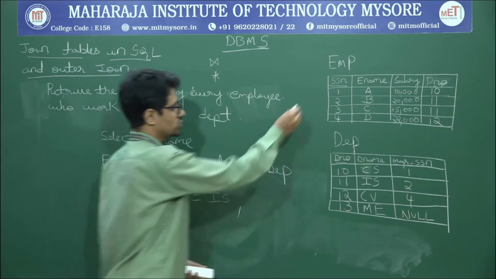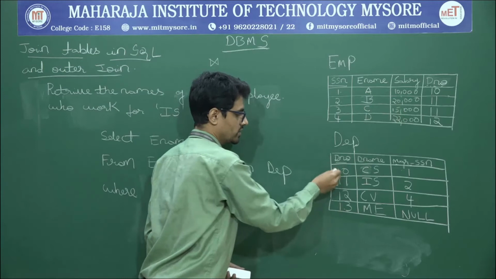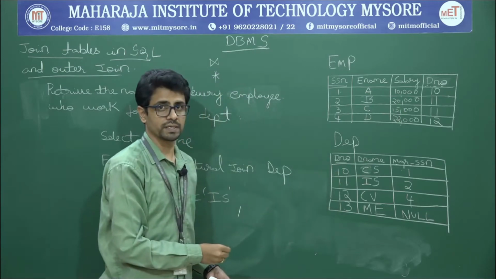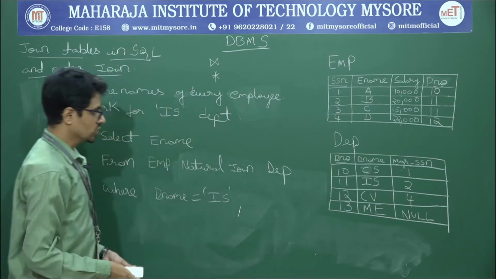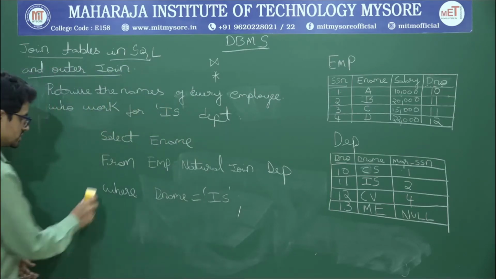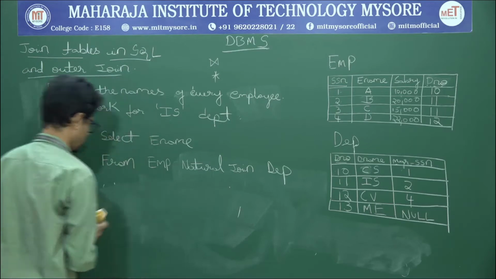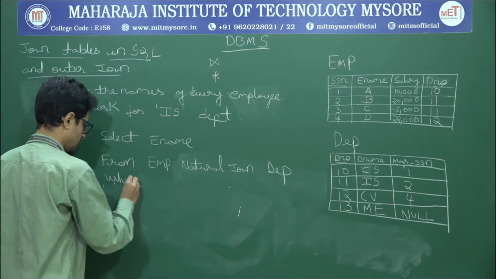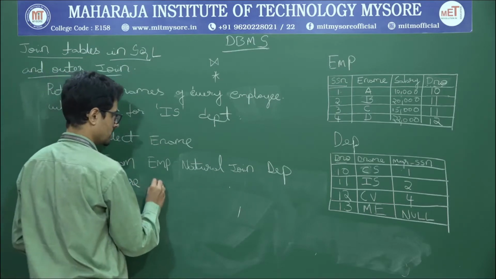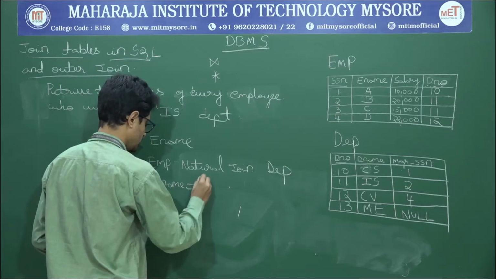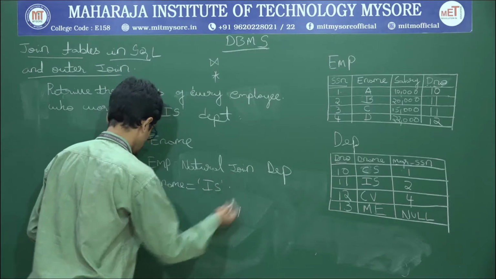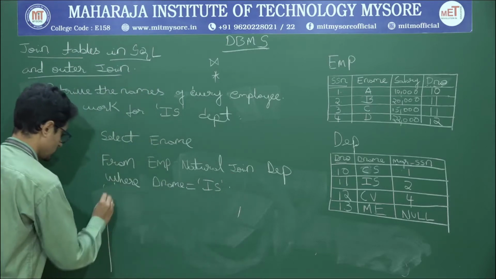In the sense, these two tables will be joined on the common attribute department number. Okay, I'll write down one instance so that it is better understood by you all. What will be the difference also, let me tell.